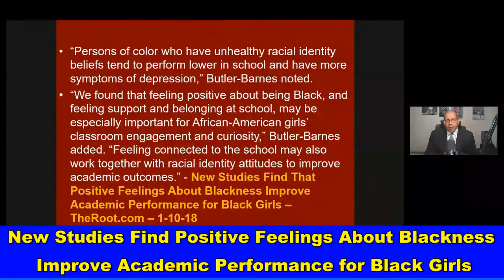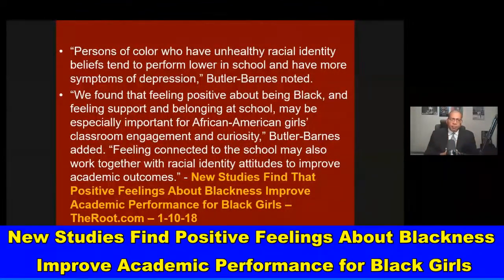She went on to say, we found that feeling positive about being Black and feeling support and belonging at school may be especially important for African-American girls, classroom engagement and curiosity. Feeling connected to the school may also work together with racial identity attitudes to improve academic outcomes.